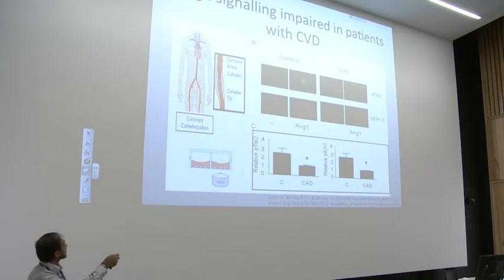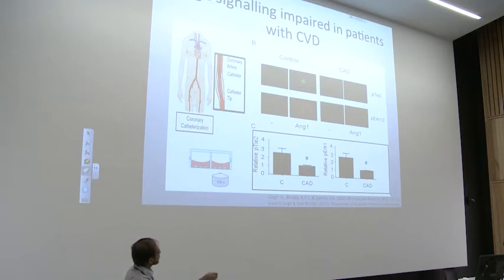So what we're doing is isolating the endothelial cells from the vasculature and then looking at the effect they have on the cell. So I've taken control patients and patients with cardiovascular disease and stimulated them with or without this protective molecule, angiopoietin-1. And what you can see in the control individuals is increased activity of these cells. But in those patients who have cardiovascular disease, their signaling profile has been diminished.